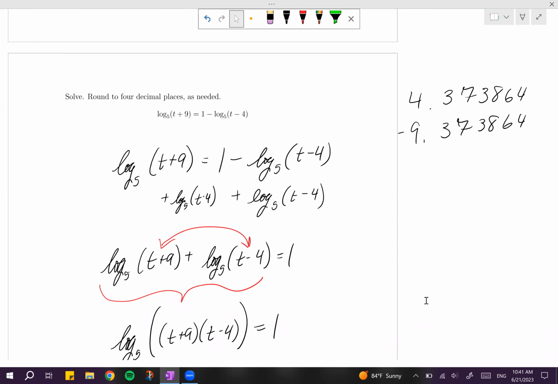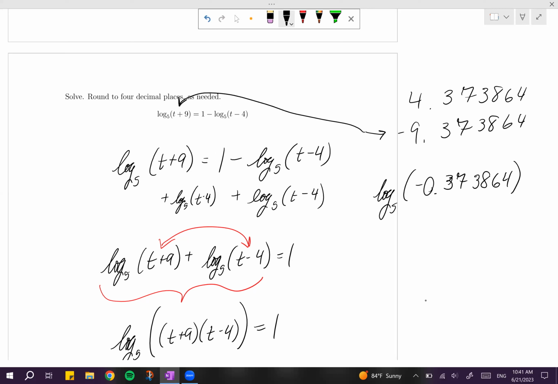Log base 5 of t, of negative 9.373864 plus 9. All right. Right here tells me that it doesn't work. This negative 9 one doesn't work because whenever I plugged it in here, I get log base 5 of negative 0.373864. And this cannot happen ever because you can't take the logarithm of a negative number.